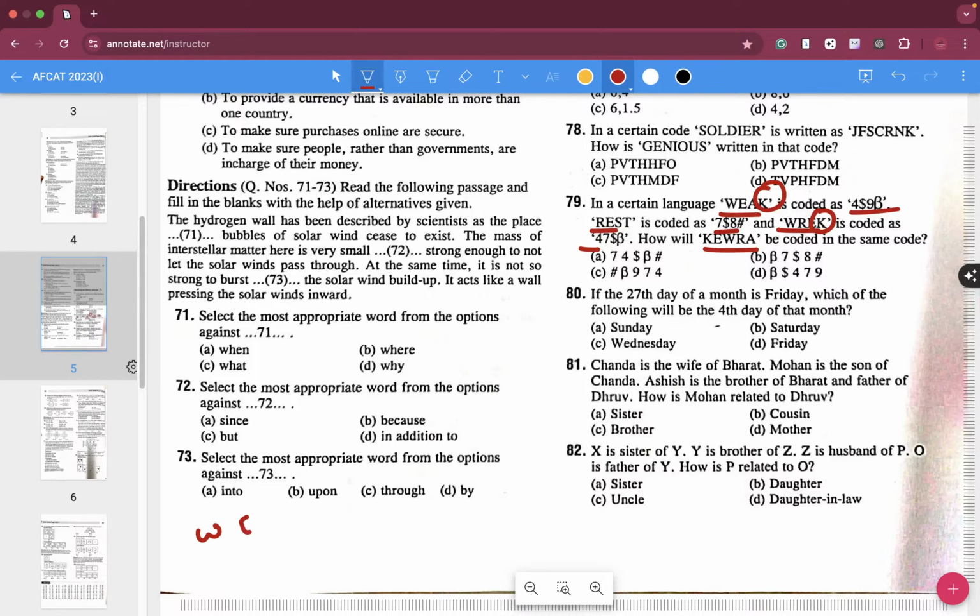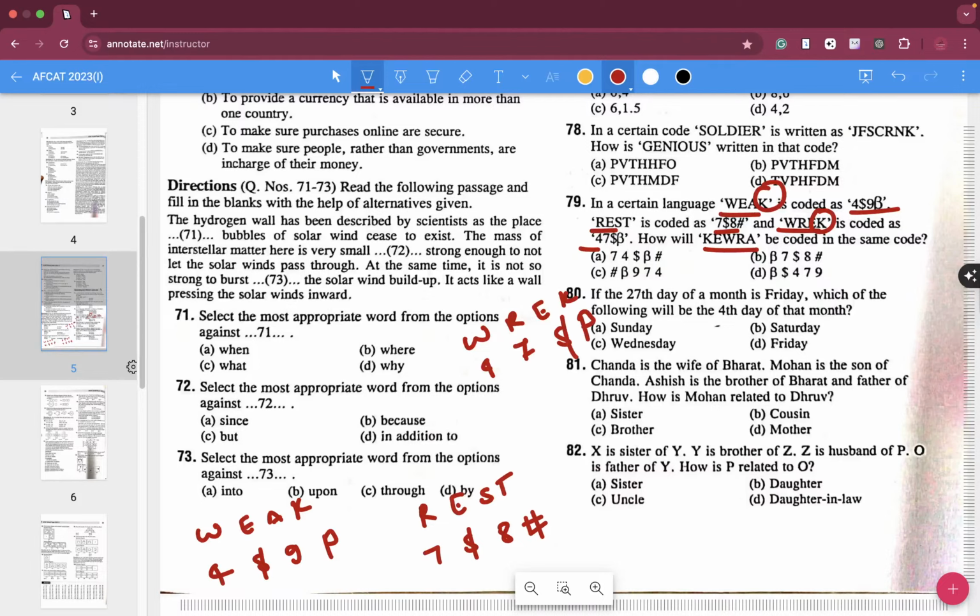Week, WEAK, as $4.9 beta. Rest as $7.8 hashtag. And rec, WREK, is written as $47 beta.